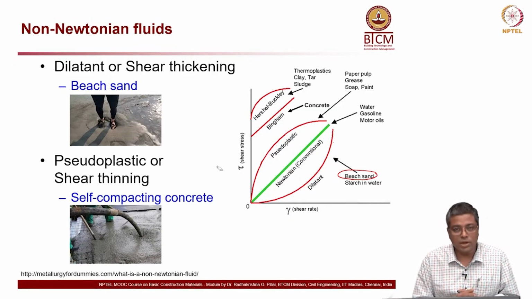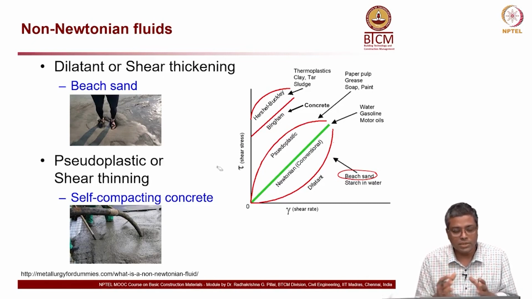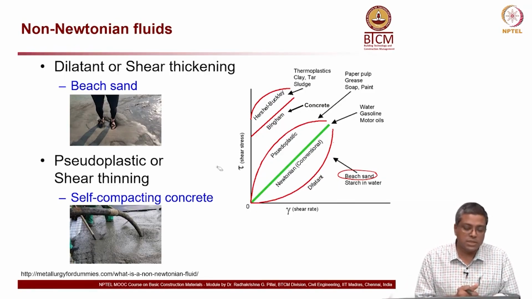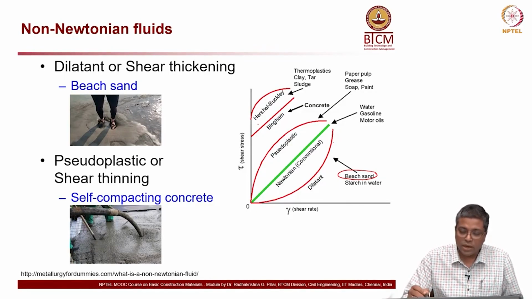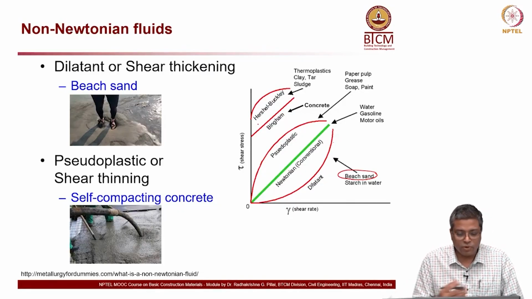You will hear about this later in this course, but this concrete does not need any external force or vibration to compact it, it will flow by itself. This is achieved by changing the viscosity, or the flow properties, of the concrete.